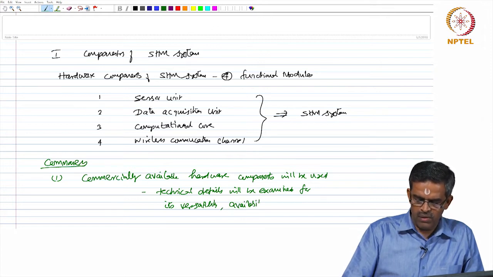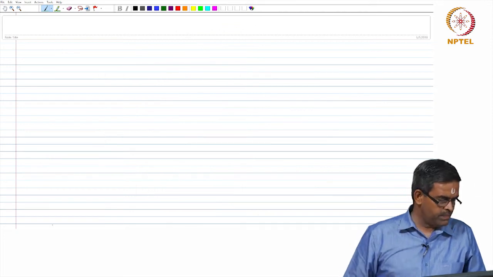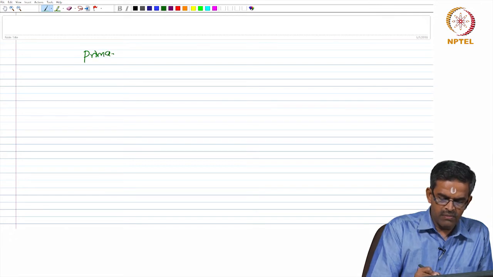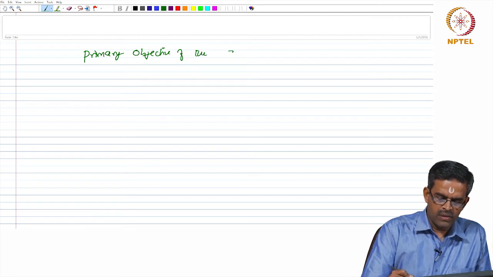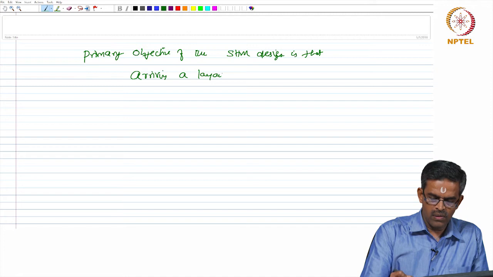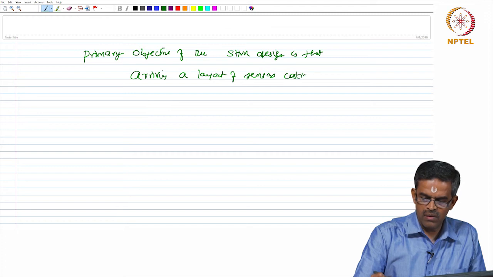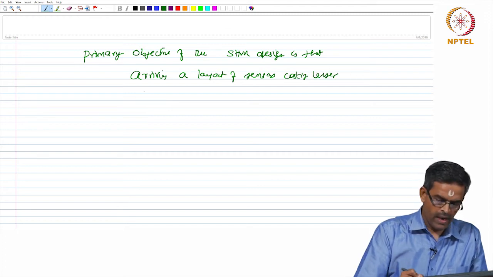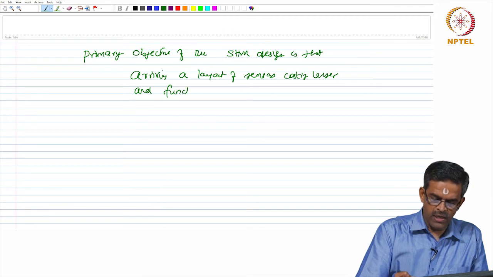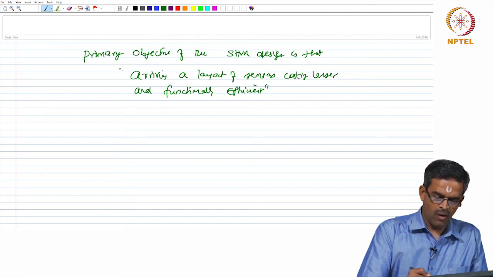I mean, we are looking for different sub-conditions which need to be satisfied, okay, in the structural health monitoring design: a layout of sensors costing less and functionally efficient. Okay? That is the objective.